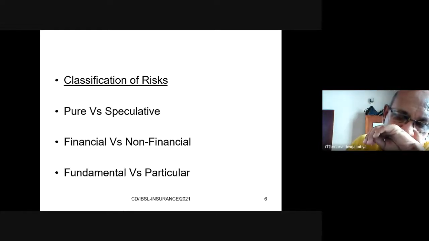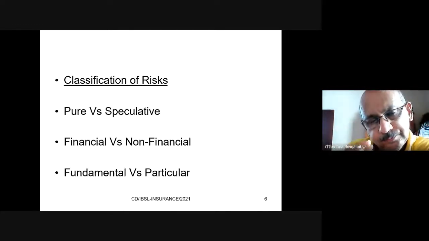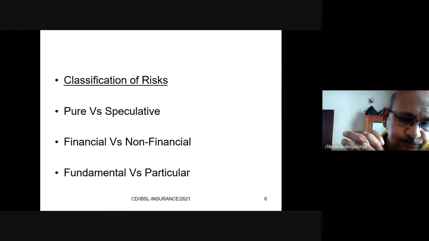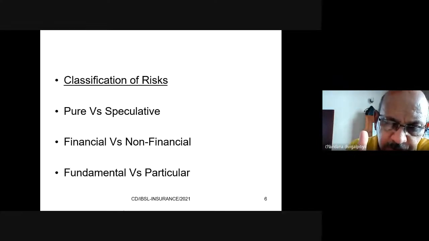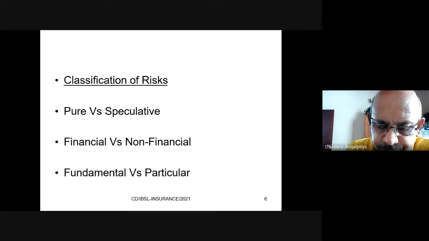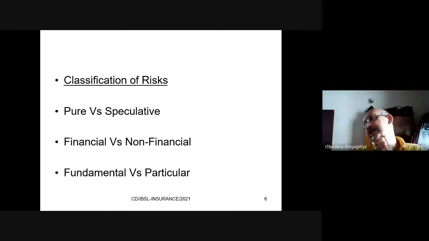Example, a motor accident could be termed as a pure, financial and particular risk. Right, so this is the classification of risk with the examples.